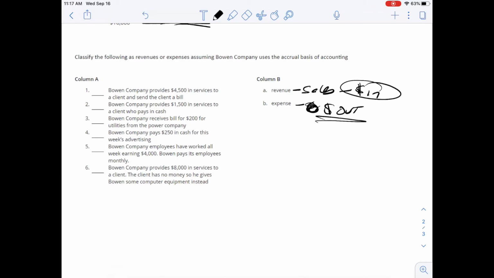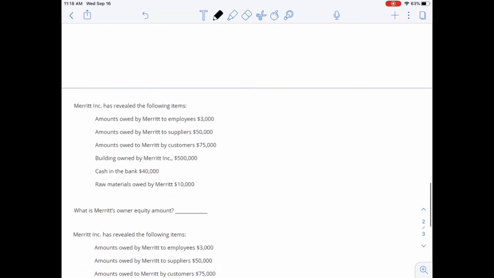We provided $4,500 in services to a client, so that's money coming into the business. We provided $1,500 in services, who pays cash, that's money coming into the business. We received a bill, that's money coming out. We paid cash, that's money coming out, money used to operate the business. Employees have worked and earned and we pay them, that's money coming out. And then this one is money coming into the business.